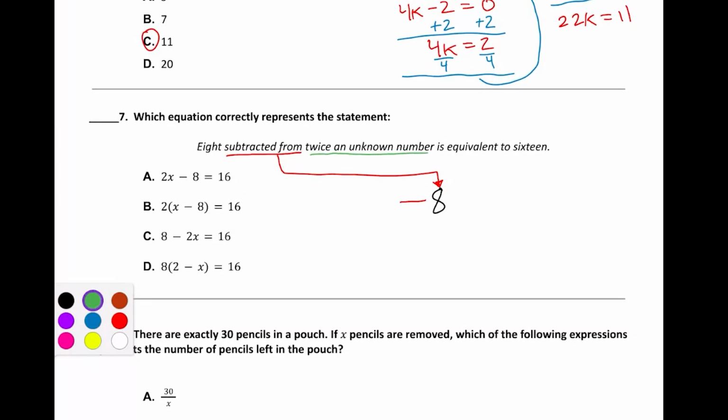So twice an unknown number, that is 2x. So 2x minus 8. And then is equivalent to, that's equals. And then 16, of course, is just going to be 16. So that's it. Our answer is A.